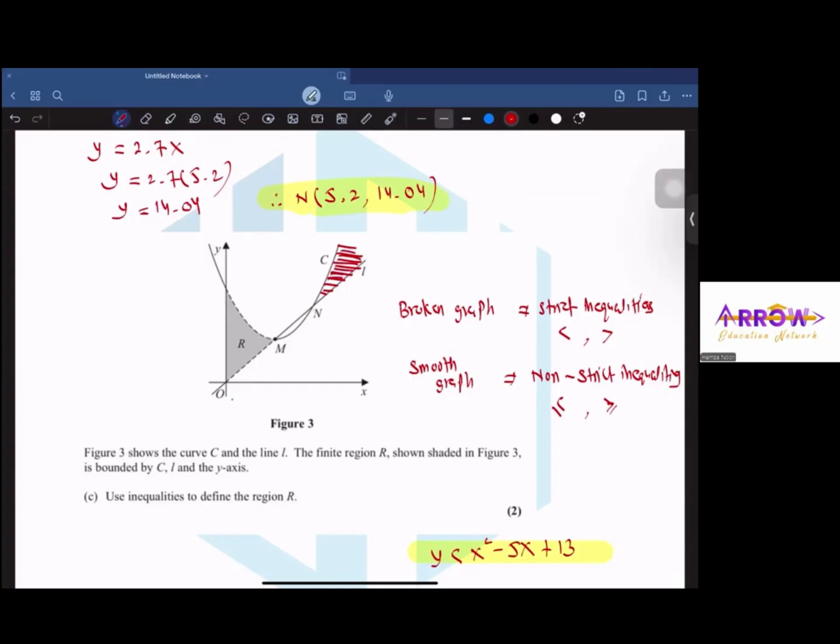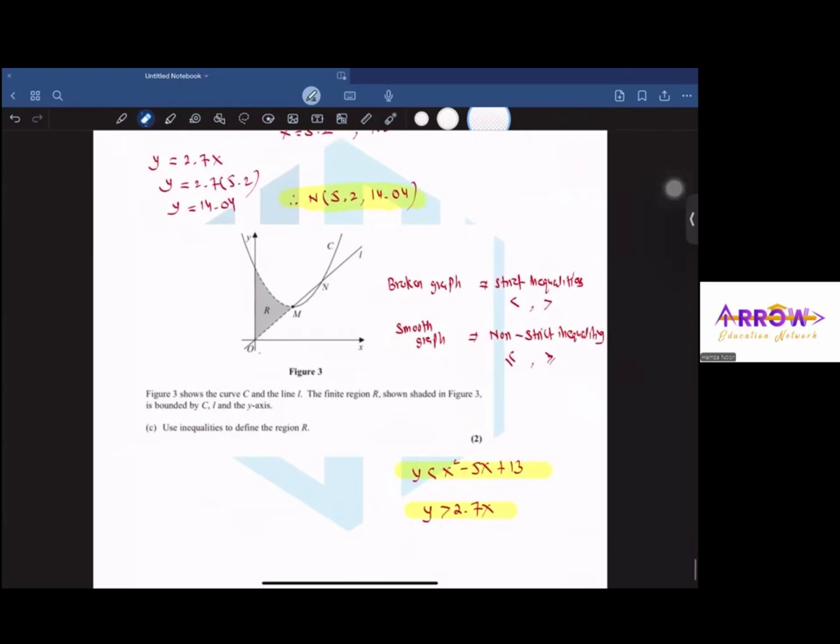But we are not shading this over here. In the question, this region is not shaded. Make sense or not? Even though this is below the curve and above the line, and x is greater than or equal to 0, it is not shaded. This means that the third inequality would have a special consideration, a special adjustment.